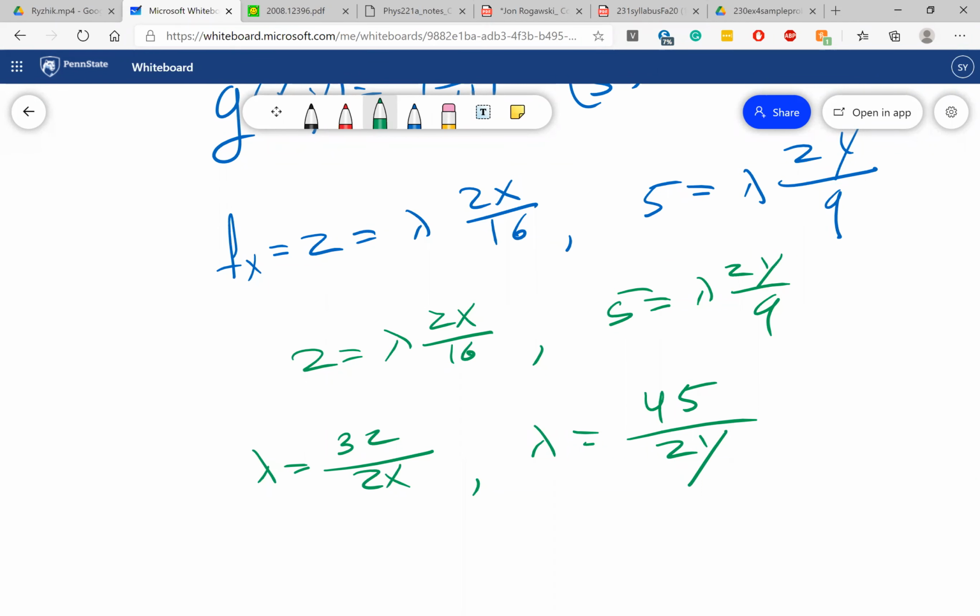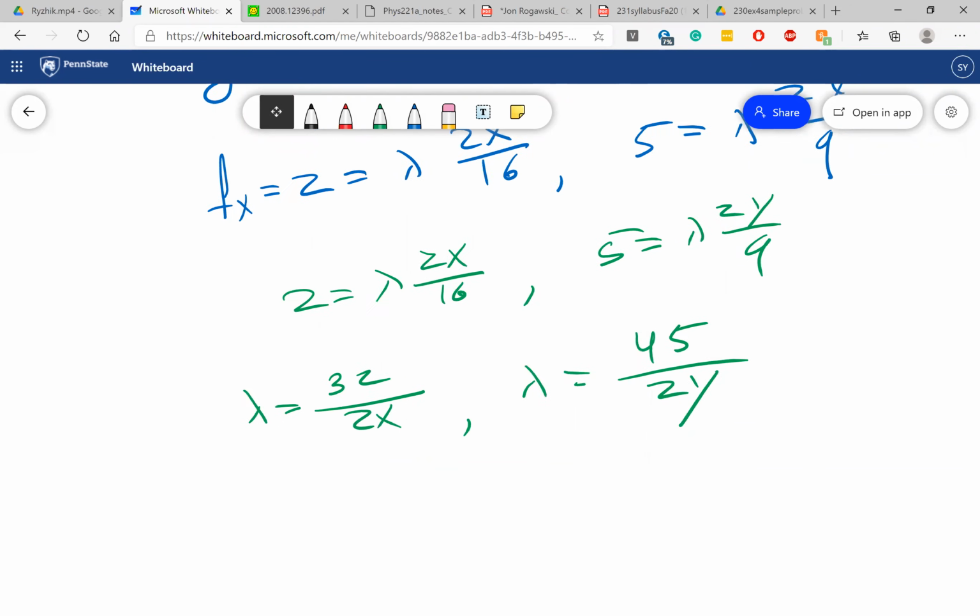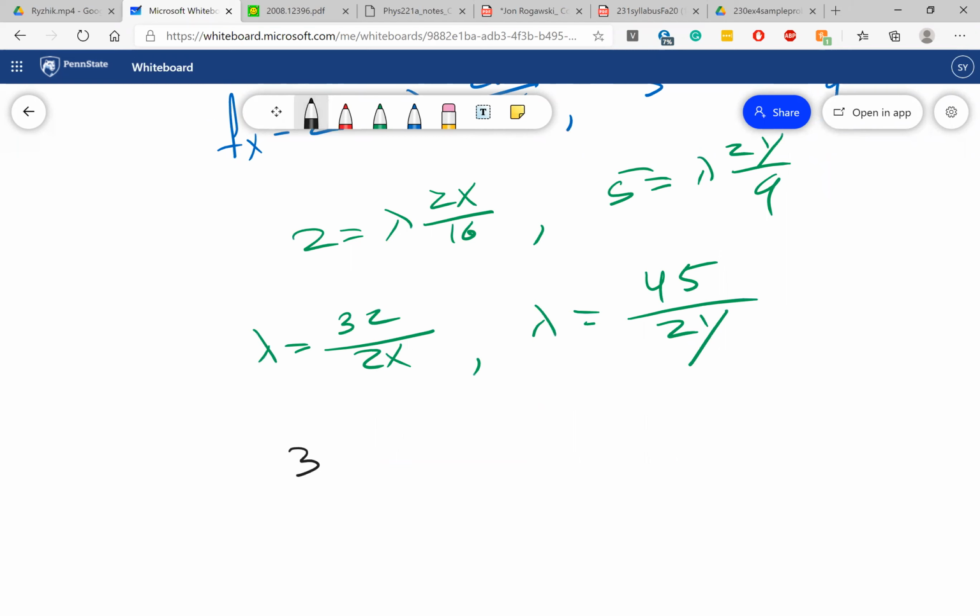Now we can set the lambdas equal to each other to figure out what y is in terms of x, or what x is in terms of y, whatever. So we are going to get 32 over 2x is equal to 45 over 2y.